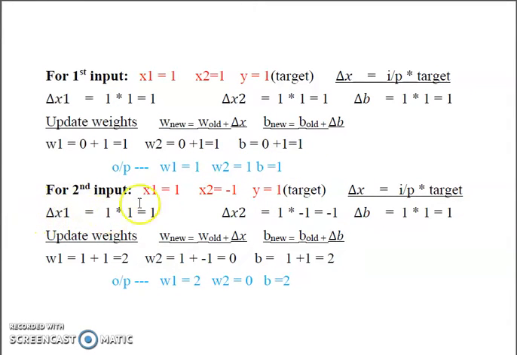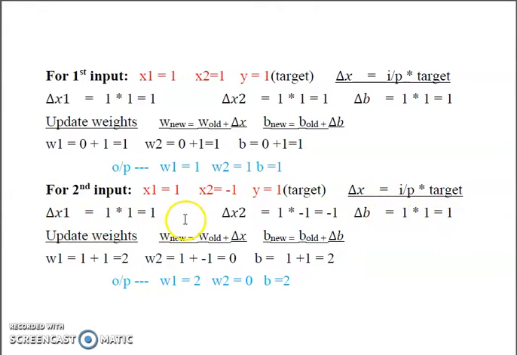So delta x1 is x1 equal to 1, into the target 1, that is 1. And when you come to x2, the input value for x2 is equal to minus 1 and the target value is 1. So 1 into minus 1, that is equal to minus 1. And the delta B value, when you calculate, x0 is equal to 1 and target is equal to 1. So 1 into 1 is equal to 1.